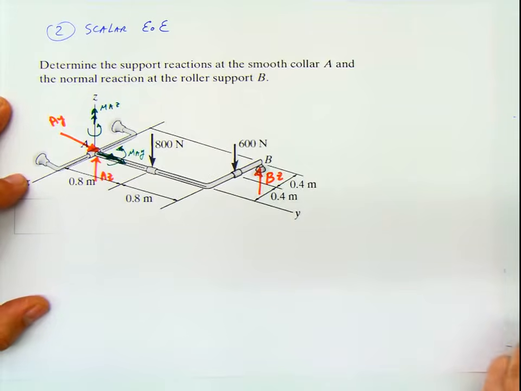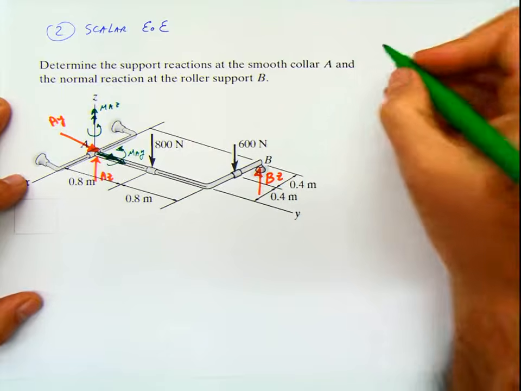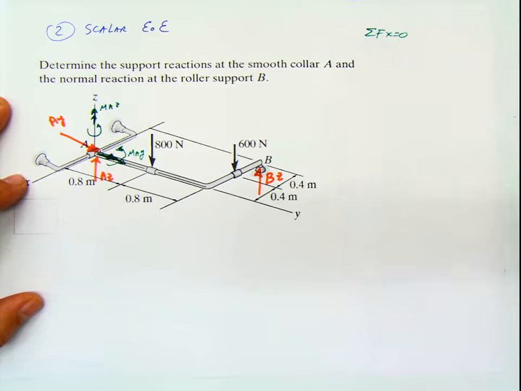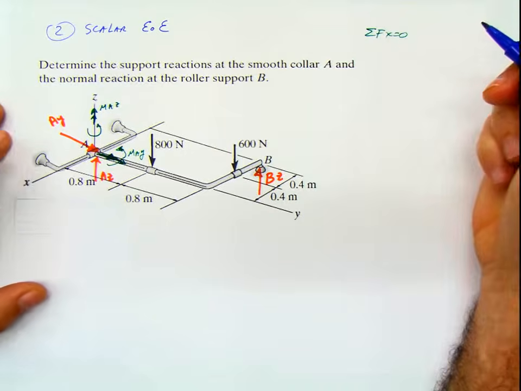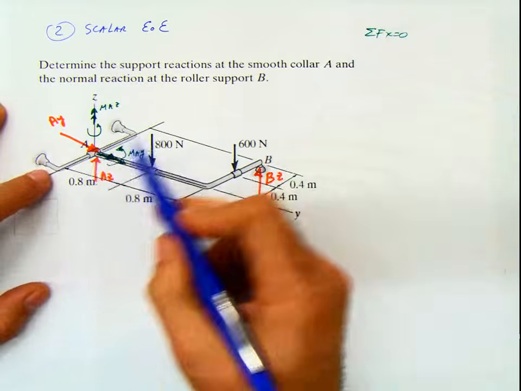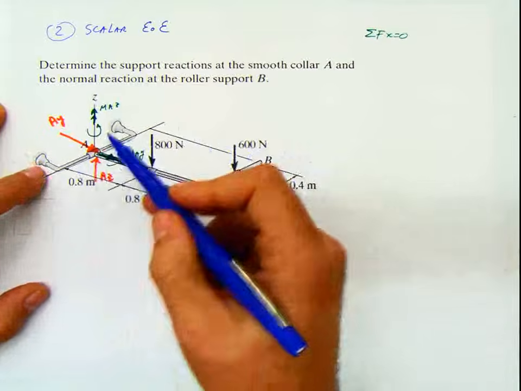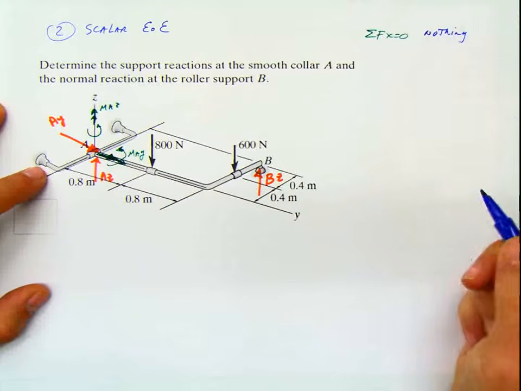Now, what is the procedure for doing a scalar equation of equilibrium? Exactly the same thing. Let's do summation of forces in X equals 0. Let's see what is happening in X. Do I have anything in X? I don't have force. I don't have anything. There's nothing acting there.